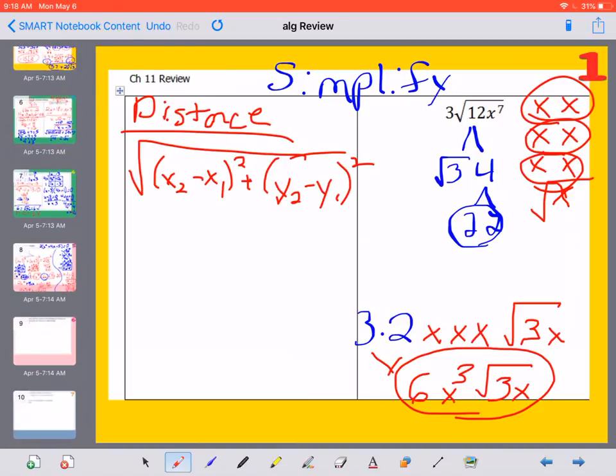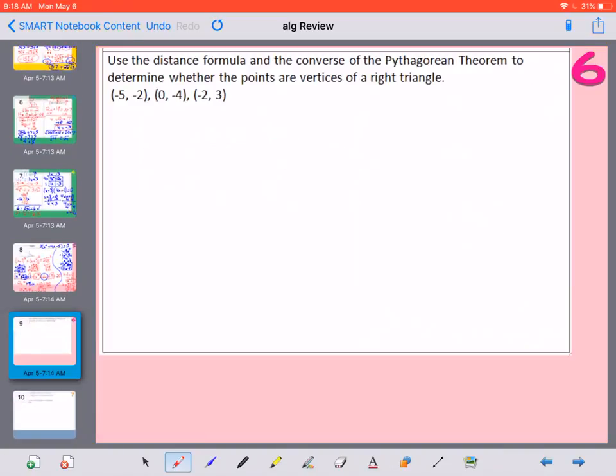So then if I go back to this problem, first thing I'm going to start with is these first 2 points. So I get the square root of 0 minus a negative 5 squared plus negative 4 minus a negative 2 squared.